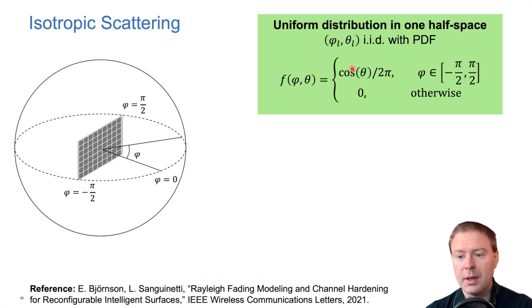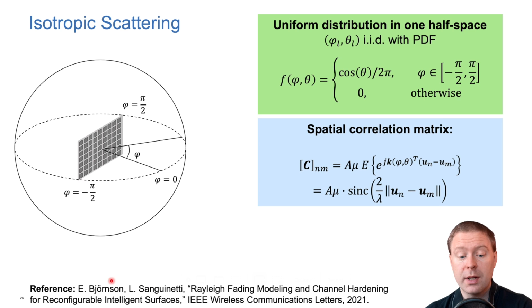Then a uniform distribution, when we are using spherical coordinates, should contain a cosine of the elevation angle, because of the fact that there are more angles, elevation angles, here than up here. And then we should divide by 2 pi in order to get the PDF that integrates up to 1. And this is the expression of it. And you can then compute the covariance matrix exactly.